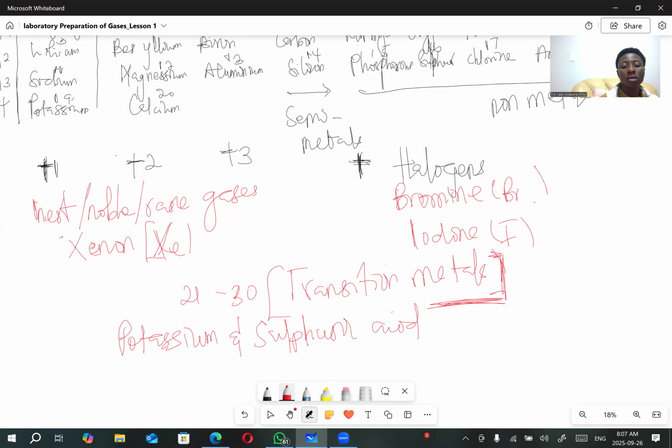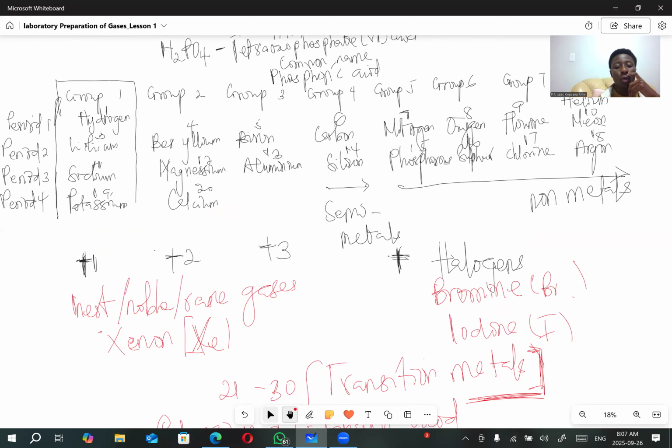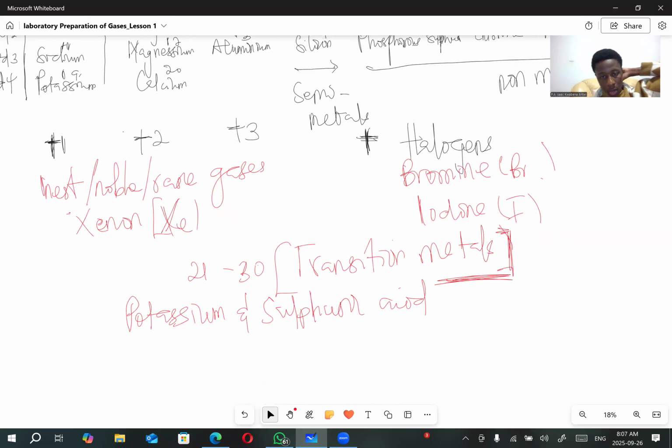Potassium, if you look at the periodic table in group 1, it should tell you it's a metal. If you look at sulfuric acid, you know it's an acid. So an acid reacting with a metal, hydrogen gas will be produced.